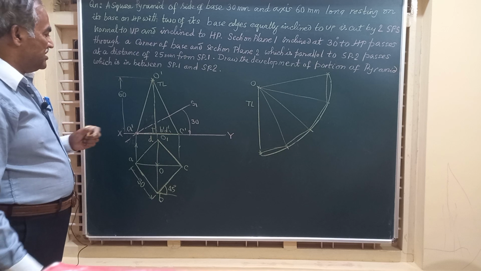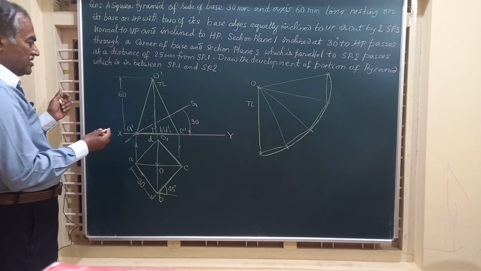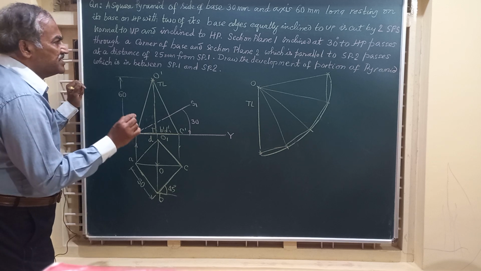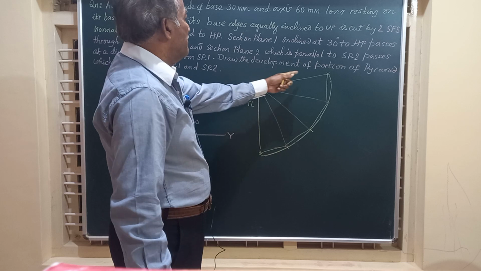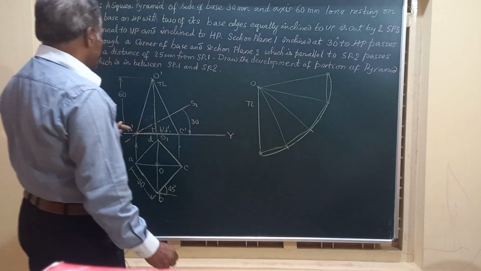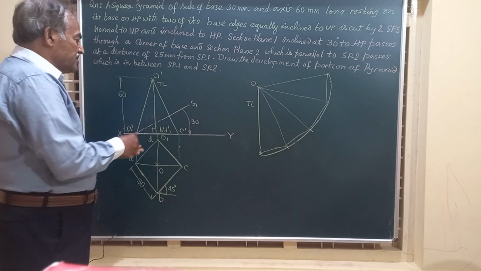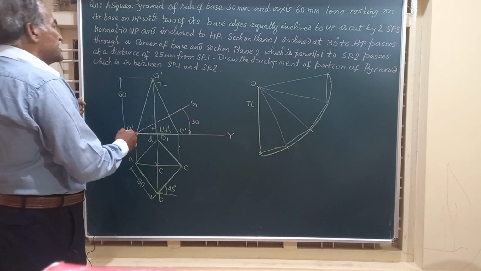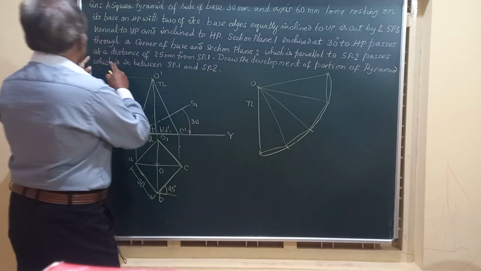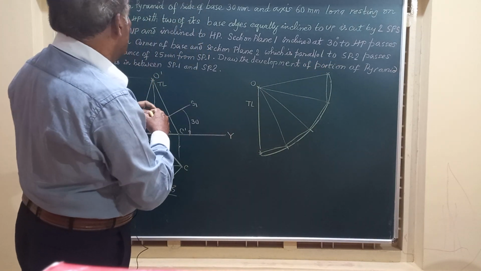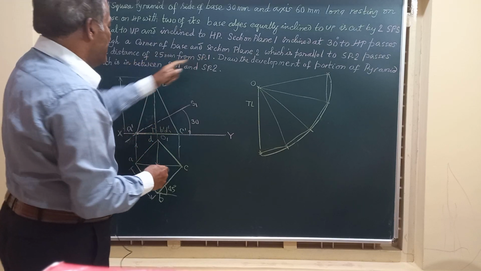Now friends, before we draw that in the development, let us mark the portion that is retained for the purpose of development. It is the development of the portion of the pyramid that lies between two section planes. So this is section plane 1, and there is section plane 2, which passes at a distance of 25 millimeter from SP1.